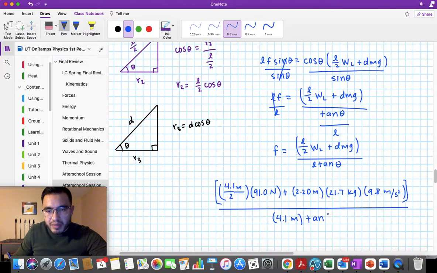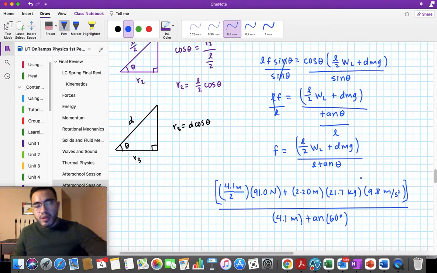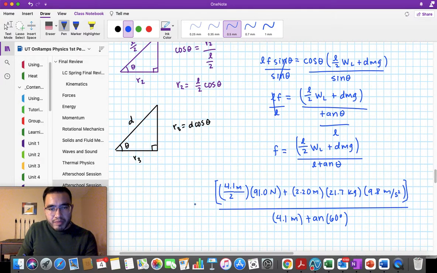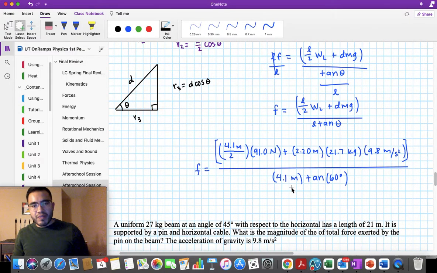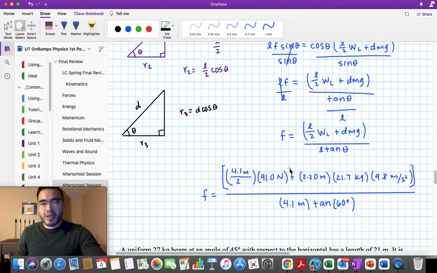Tangent of 60 degrees. For the sake of time, I'm not going to solve this one on the calculator. You can do that on your own. But be careful, right? Because this is a long formula to work on.